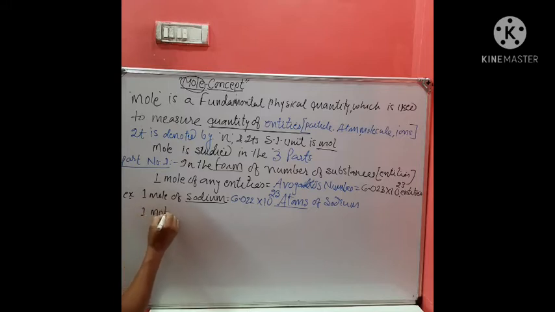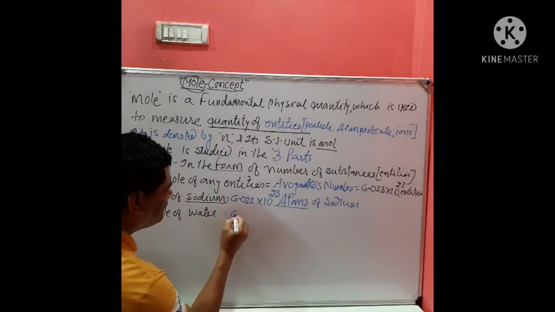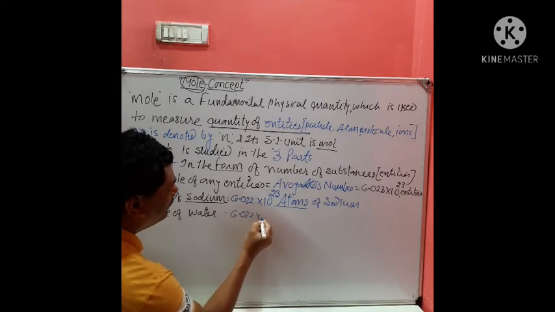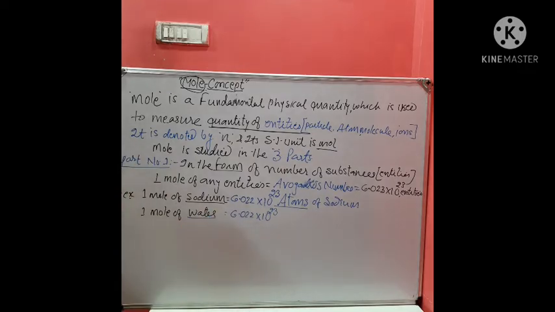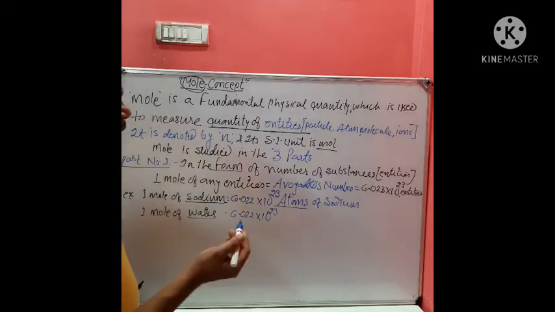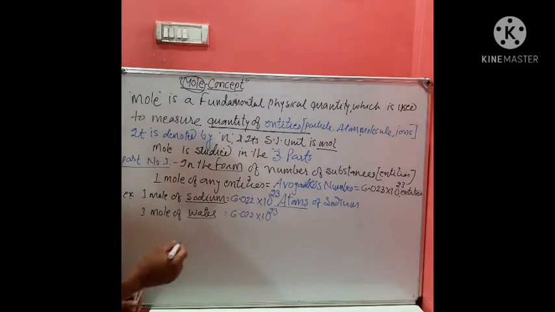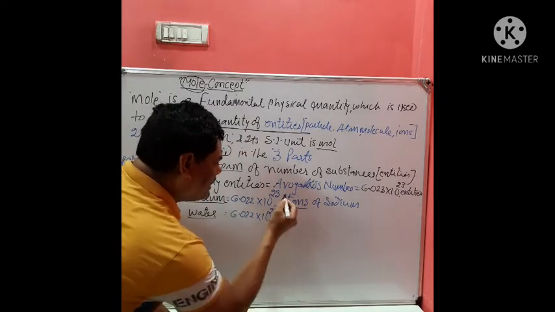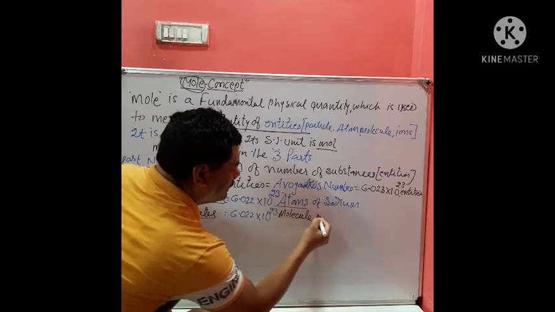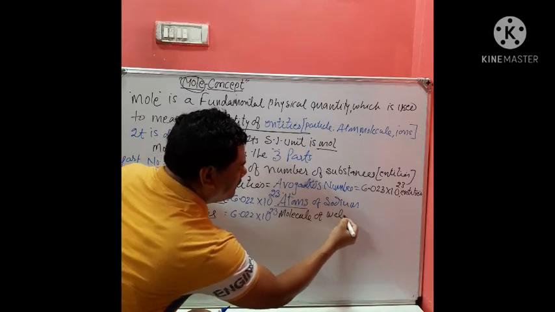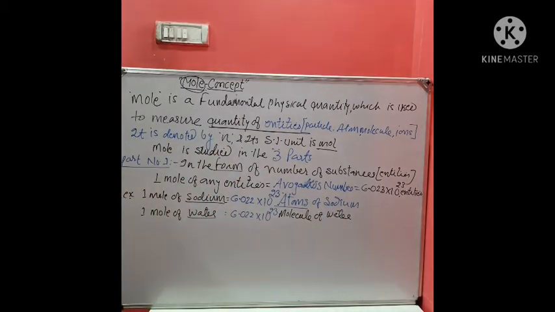Suppose I have to write 1 mole of water. So 6.022 into 10 to the power 23. Now, water is a compound, and its basic unit is called a molecule. So besides atoms, I will use here molecules of water. Getting it?